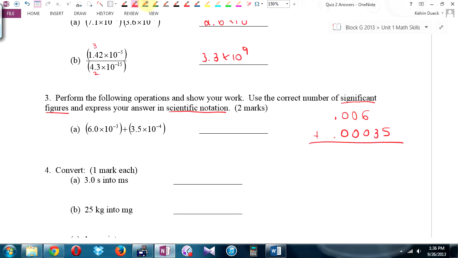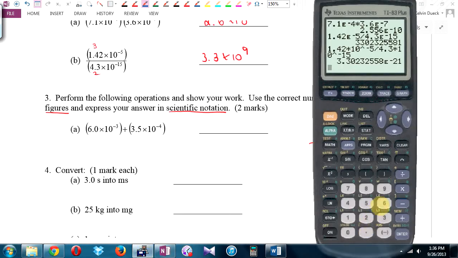You know, when I add these together, the first guess occurs right there, which means I'm going to round off to that column. It's going to be 0.006 plus 0.00035. I'm going to get 0.00635. I'm going to round off to this column.